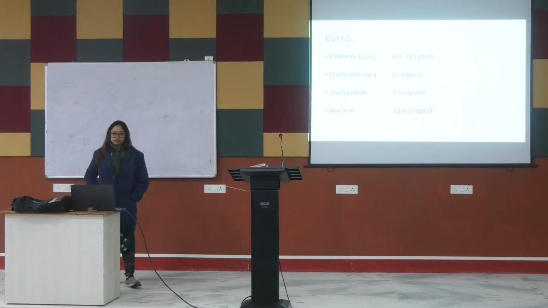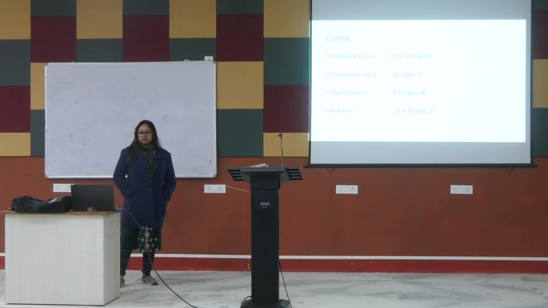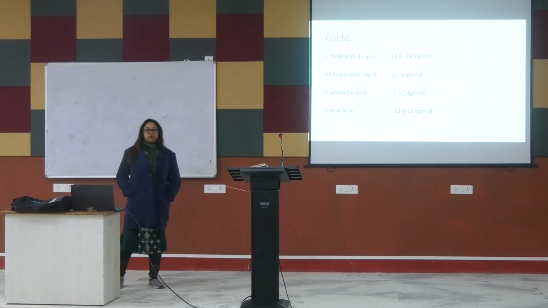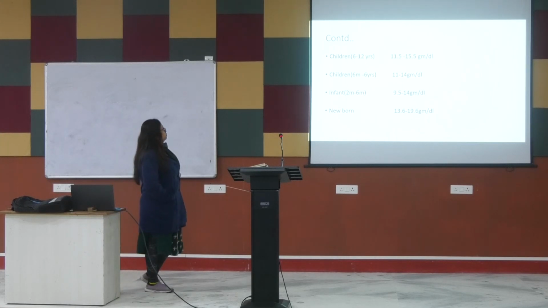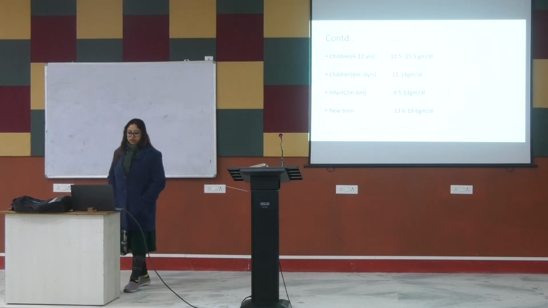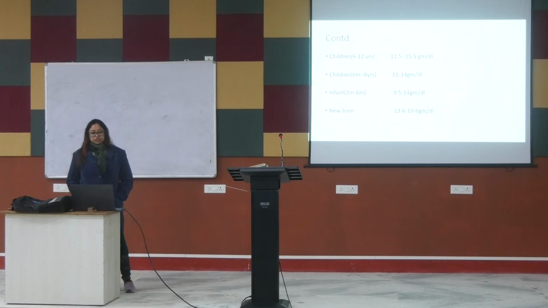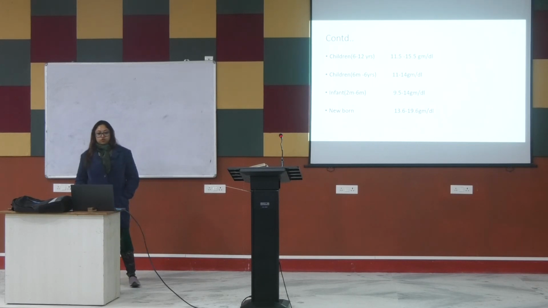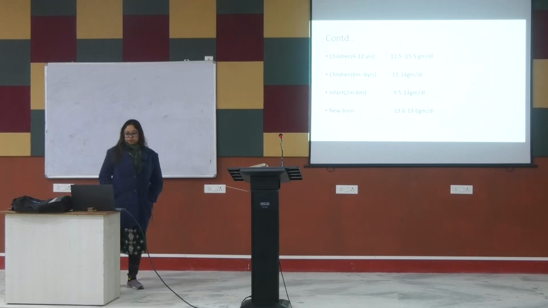In case of children of 6 to 12 years of age, what is the normal level of hemoglobin? It is 11.5 to 15.5 gram per deciliter. In children 6 months to 6 years, who are younger, the normal level of hemoglobin is 11 to 14 gram per deciliter.